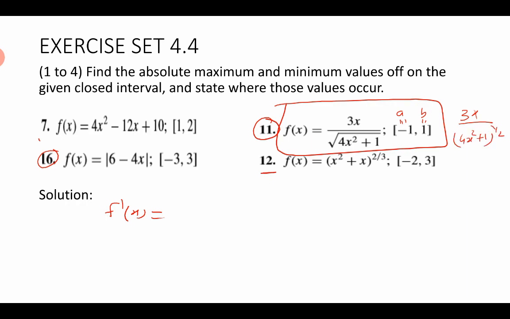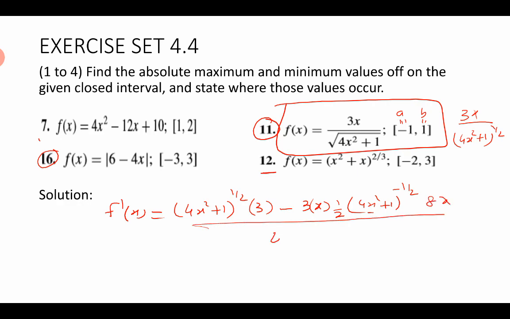So use quotient rule. 4x square plus 1 to the power half, and differentiate 3x, we will get 3, minus 3x into differentiate the denominator, half into 4x square plus 1 to the power half minus 1, that is minus half, and then differentiate by using chain rule, which is 8x, over 4x square plus 1. Now simplify this one.